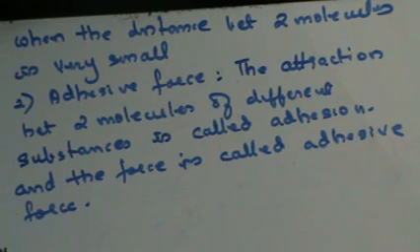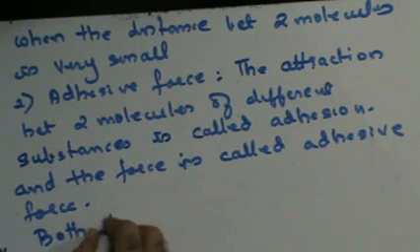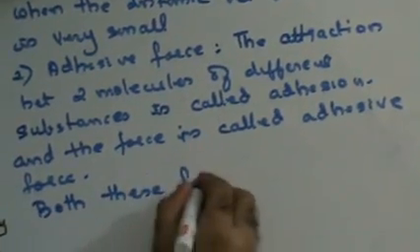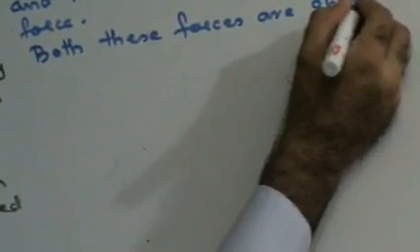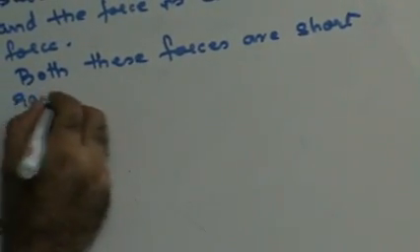Both cohesive and adhesive forces are short-range forces and are effective over short distances. The maximum distance between two molecules up to which these forces can act is called the range of molecular attraction. Both these forces are short-range forces.